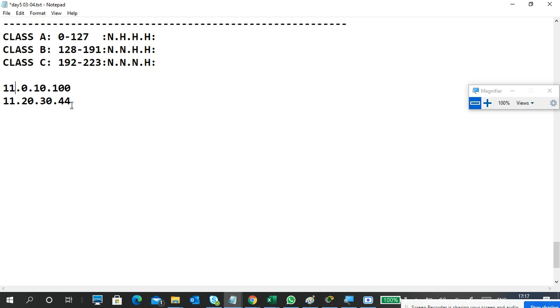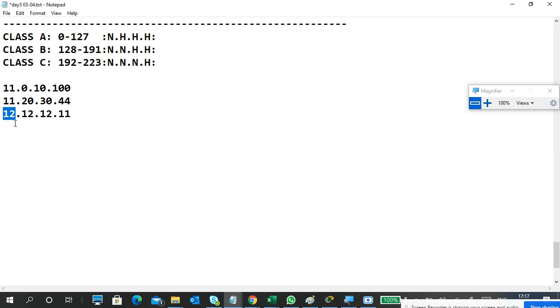This is one PC's IP address, this is another PC's IP address. So these two PCs can communicate with each other, because of the same network. Network ID is the same. The network portion must be the same. The host portion is different, no problem.